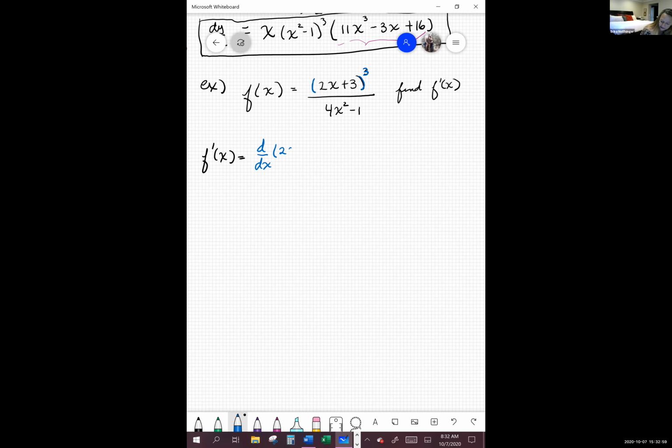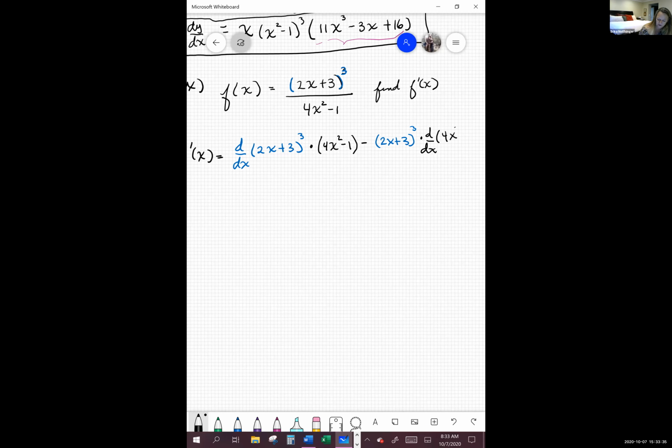So 2x plus 3 quantity cubed times our denominator, which is our 4x squared minus 1, minus the numerator, which is that 2x plus 3 quantity cubed, times the derivative of the denominator, so d dx of the denominator, which is 4x squared minus 1, all over that denominator, which was 4x squared minus 1 quantity squared.